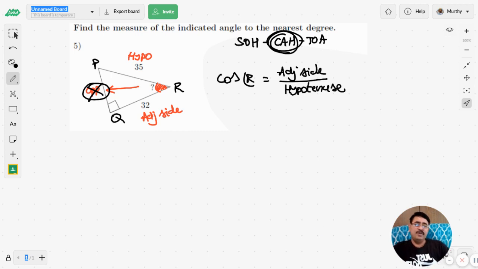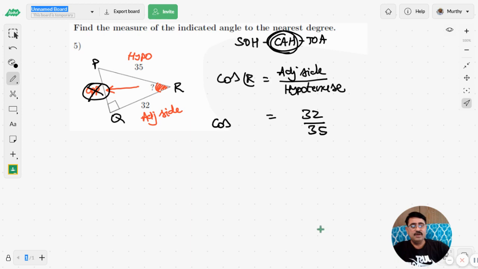As I mentioned before, it is purely coincidence. We are taking cos again. Now let me write the values. So adjacent goes here, which is 32 units, and hypotenuse is 35. That goes to the denominator.